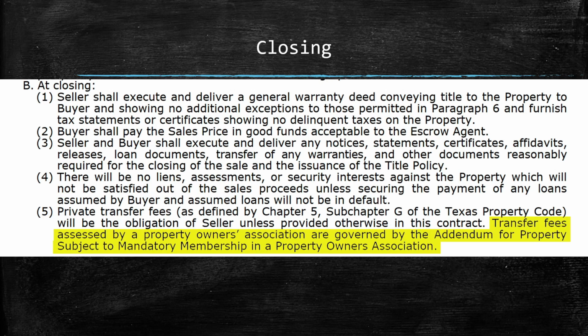So what we're saying here is when we're talking about private transfer fees being the obligation of the seller, we're not necessarily talking about HOA transfer fees, because those transfer fees that are assessed by the homeowners association are already addressed under the separate HOA addendum. The seller may be obligated to pay them, they may not be obligated to pay them, but we have to look on the HOA addendum to find out. They are not covered under this paragraph 9B5 for private transfer fees.